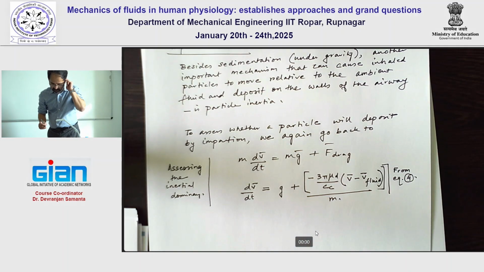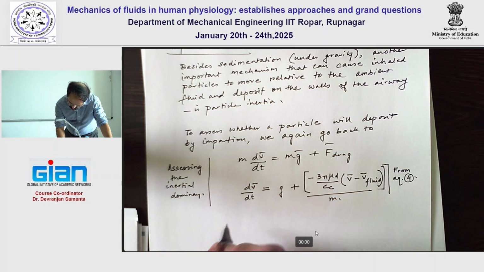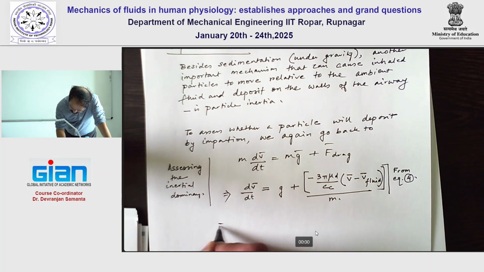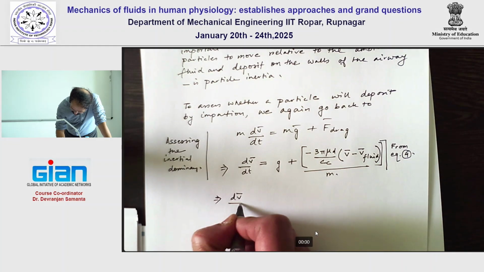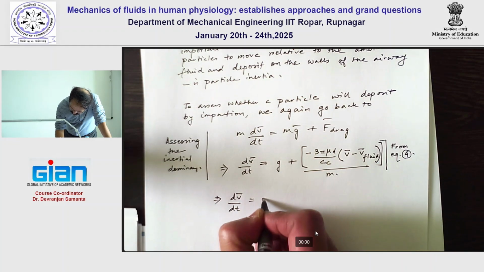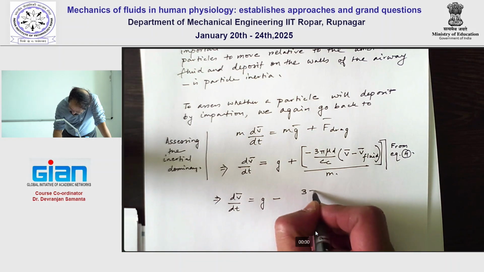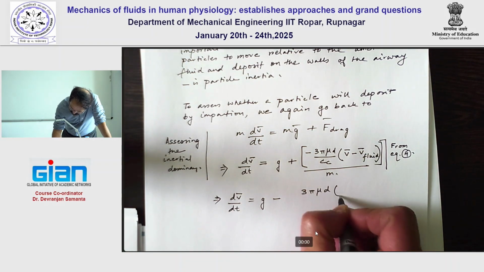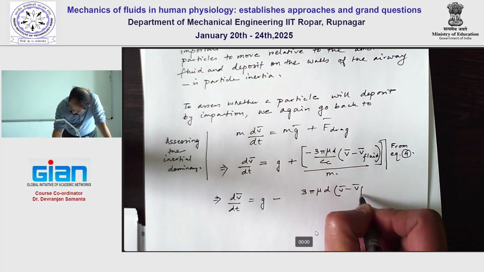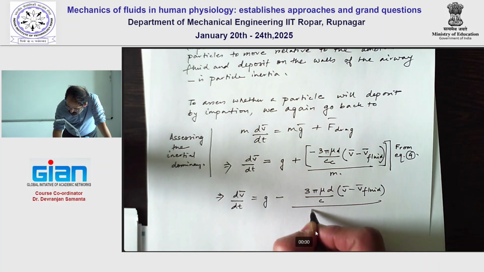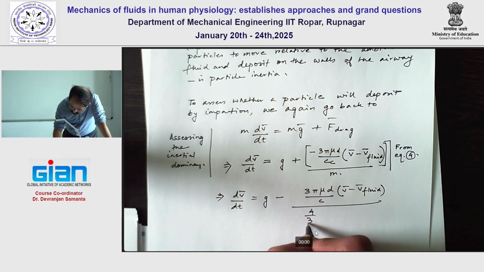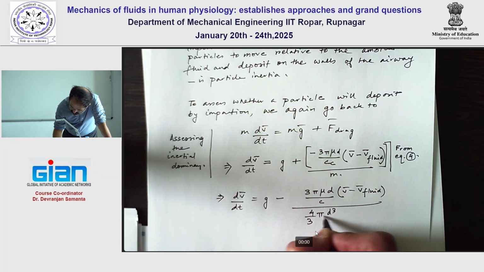So let's try to simplify this a little bit. So dv/dt is equal to g minus 3 pi mu d (v minus v fluid) by Cc by, this is 4/3 pi d cubed over 8 rho particle.